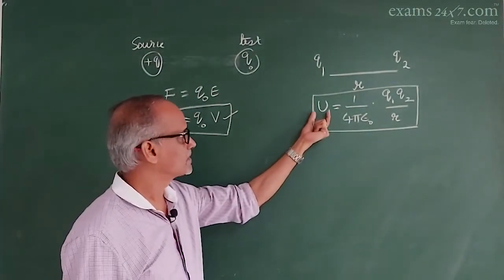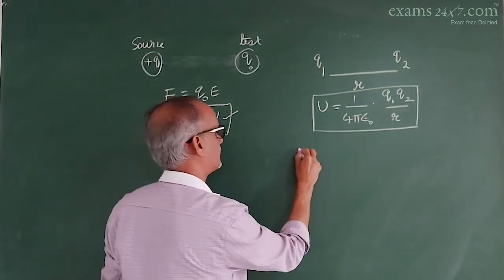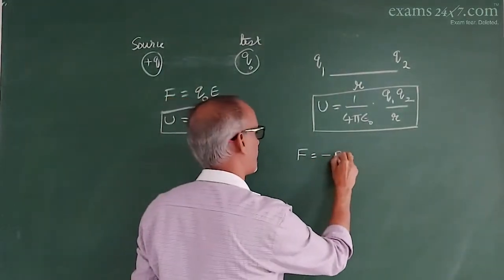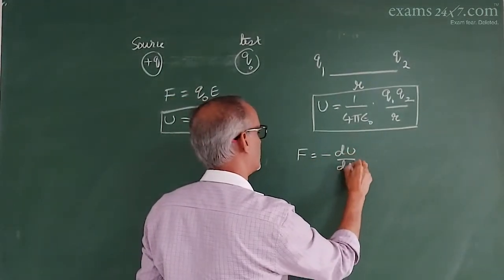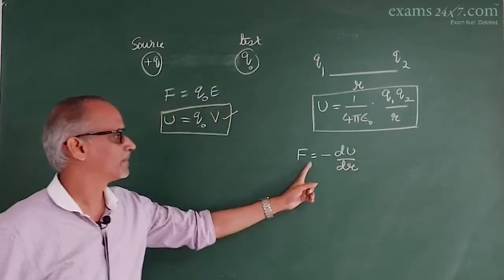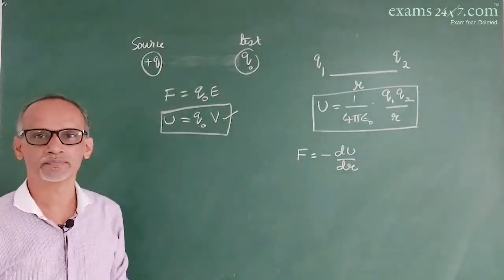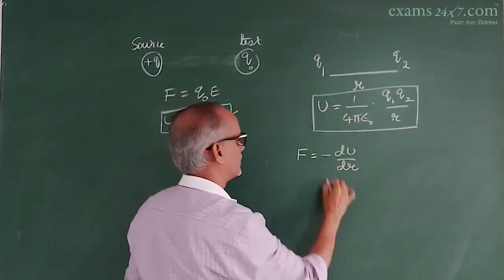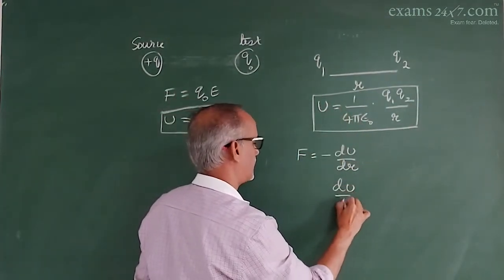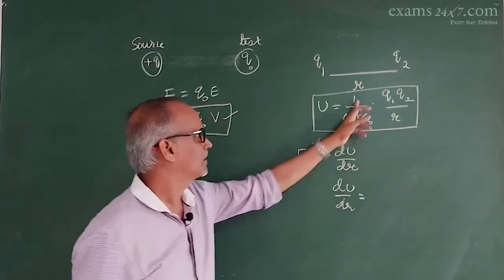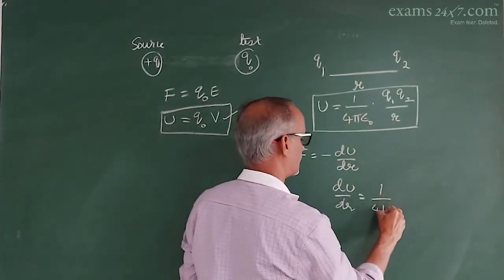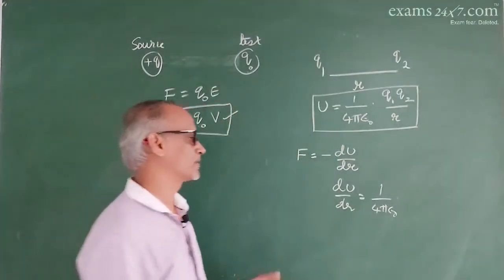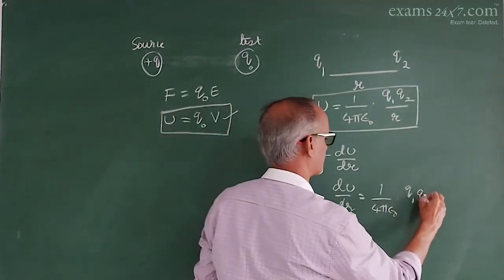And using this energy, we can even find the force. Force is always equal to the negative potential energy gradient. F is equal to minus dU by dr. So if you differentiate this equation, dU by dr, 1 by 4 pi epsilon naught, Q1 into Q2 by r. Q1, Q2 is a constant.